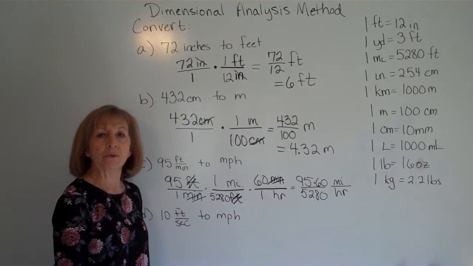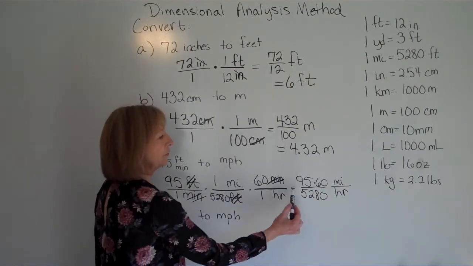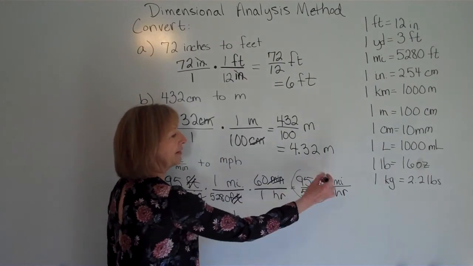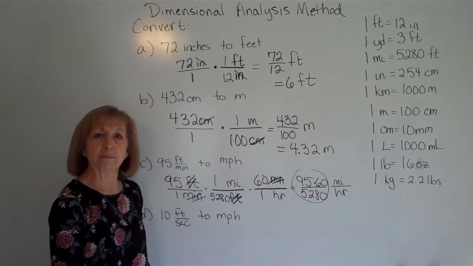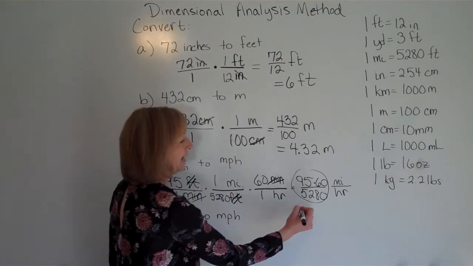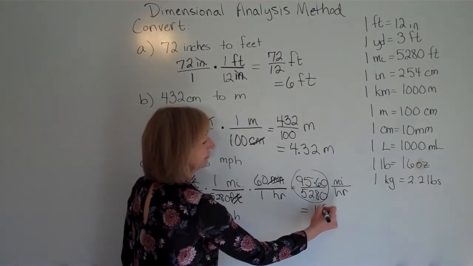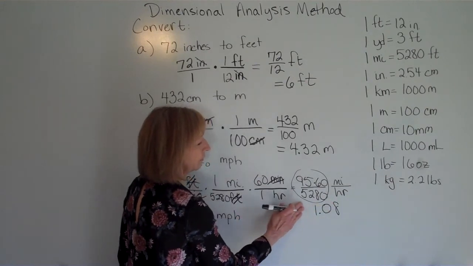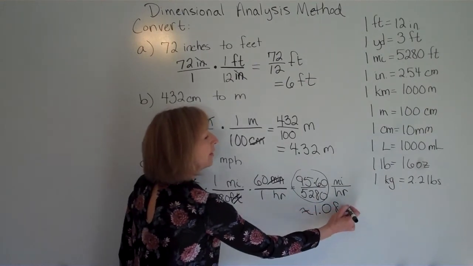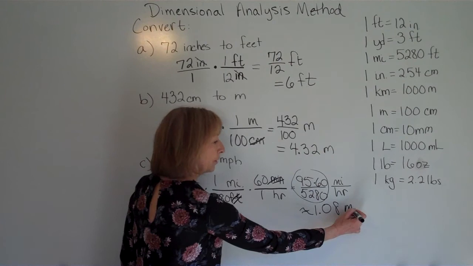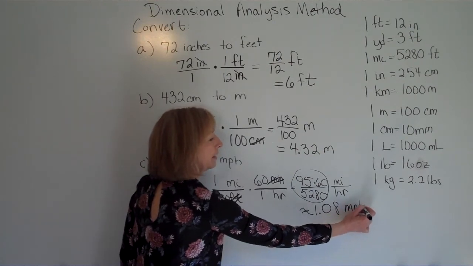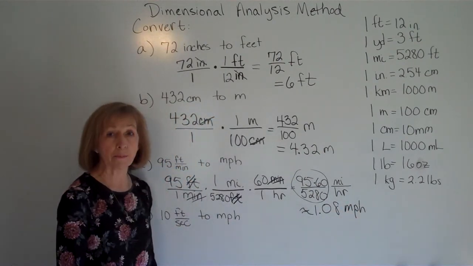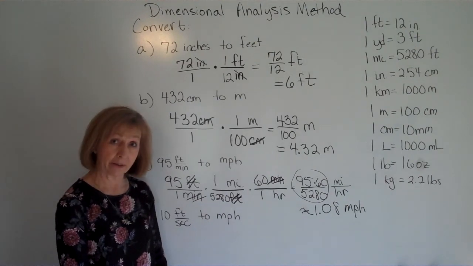When we go through and we do this multiplication and then division, that's about 1.08. So miles per every 1 hour. So about 1.08 miles per hour.